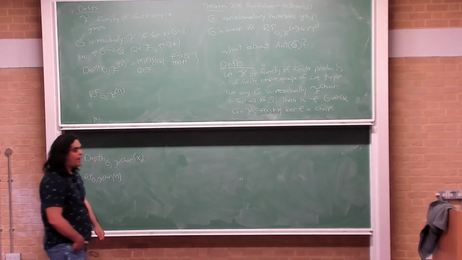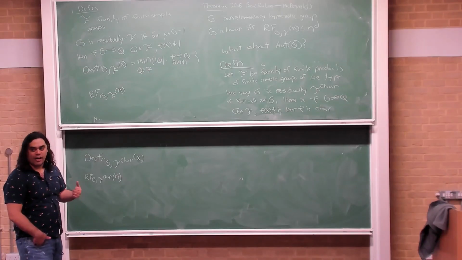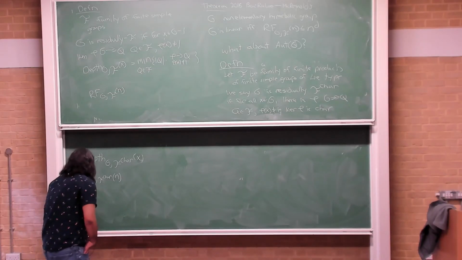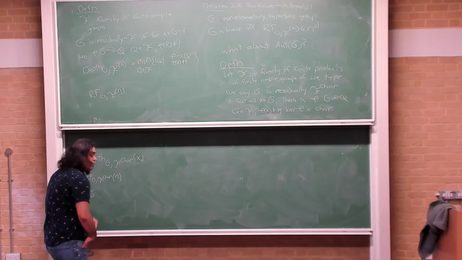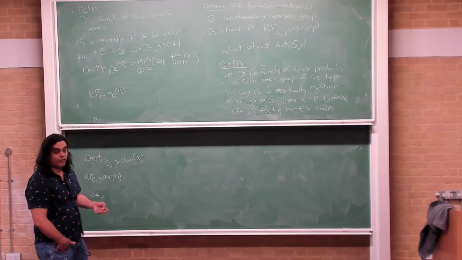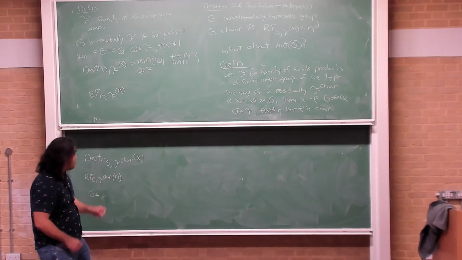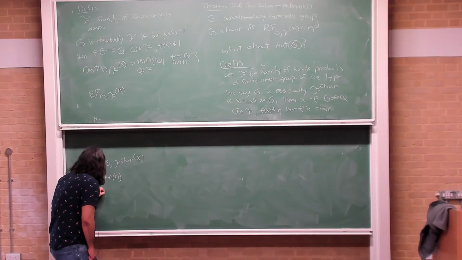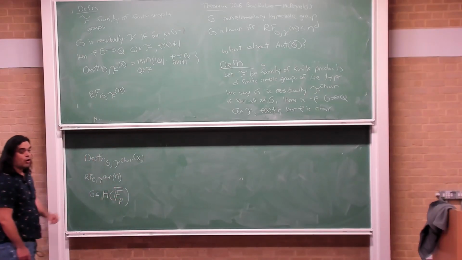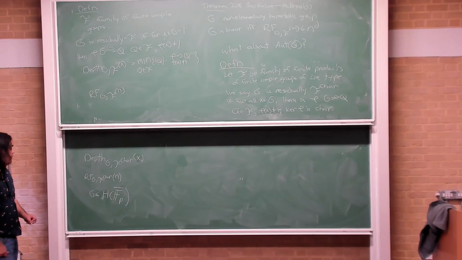So there is one last invariant I need to add before I can actually form and state the theorem. Any finite simple group of Lie type, let's just say with defining characteristic P, will sit inside some linear algebraic group defined over the closure of the finite field of P elements.